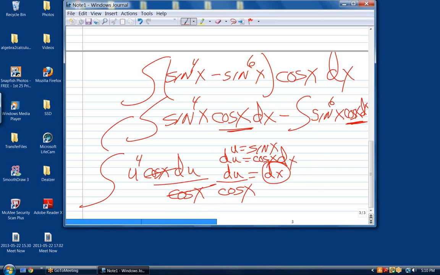Now I have the integral of u to the fourth du, which is equal to u to the fifth over 5. Now go back and substitute sine. So we have sine to the fifth over 5 minus sine to the seventh over 7.